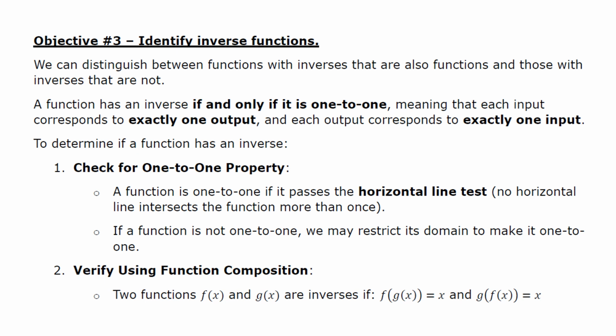So like we did in the previous exercise, you will take f of the inverse of f and the inverse of f of x. So in this case, g of x would be considered our inverse function, and you would find the composition, making sure that they both equal x. And if they both equal x, then we know that those two functions are inverses of each other.